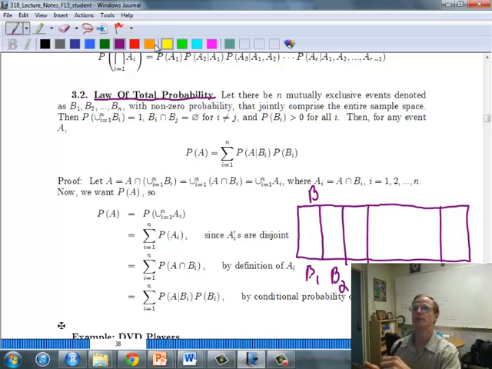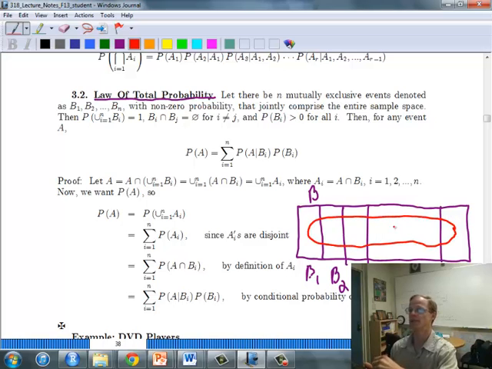Now, let's flip a different color here. We now have event A, which I'm going to draw as intersecting all these B's. So this red shape here is event A. And this piece that's just inside of B1 is, we're going to call that A1.